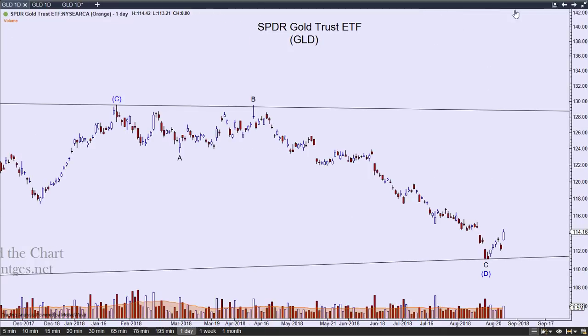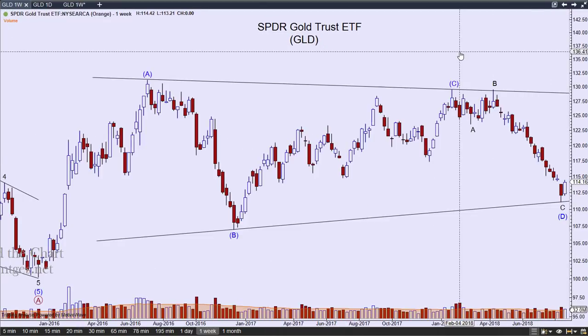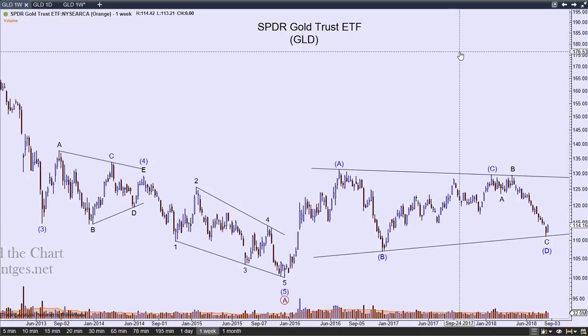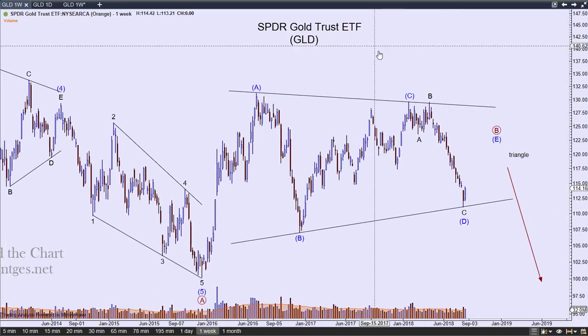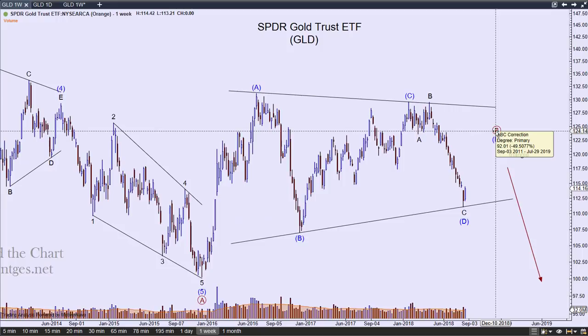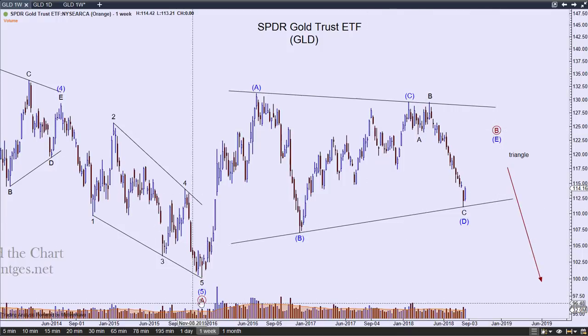Let me go to the weekly count and zoom out of this. My preferred scenario says that what we're doing is working a B wave, a big B wave, which is a triangle. That is the preferred.